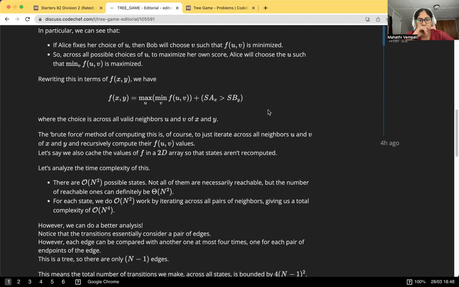So that is the total score for u comma v plus the score on this step. The score on this step is s of a x plus s of b y, depending on whether s of a x is greater than s of b y.